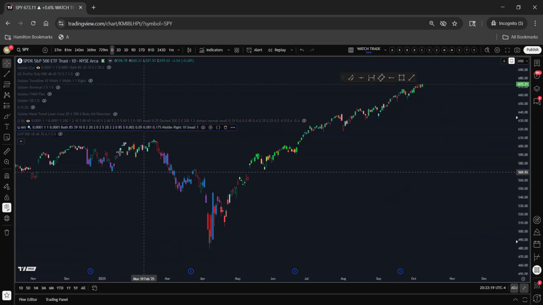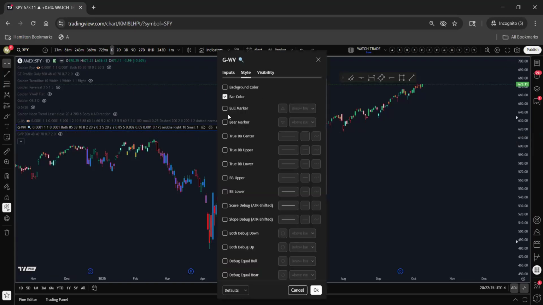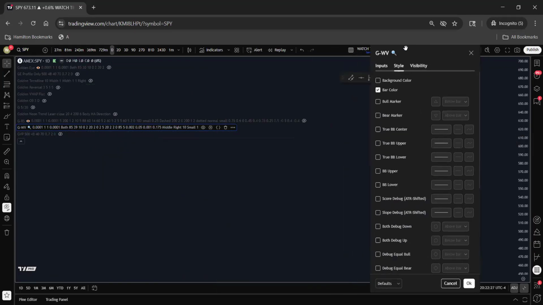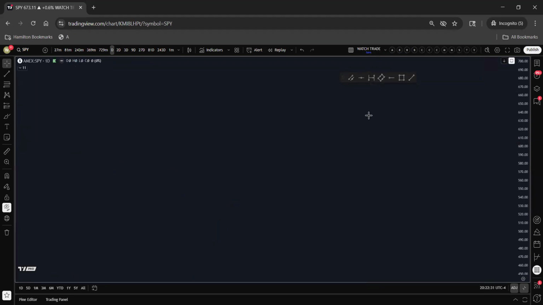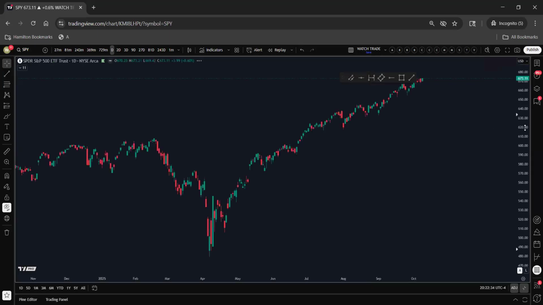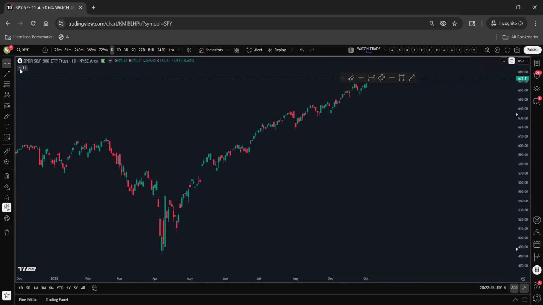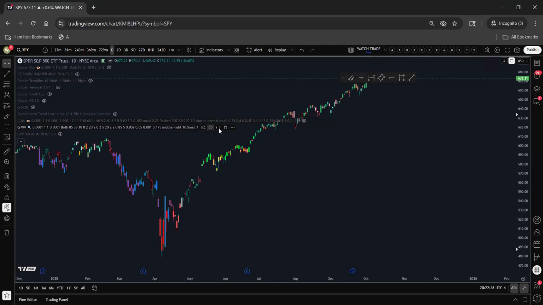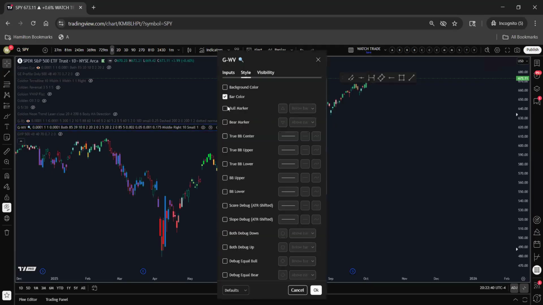So we went over the golden volume profile indicator, and now we are still looking at golden watch, and we've only looked at two parts of it: the background color and the candle color. What happened here? All right. Hope you guys are enjoying yourselves so far. Let's see what else we got here.